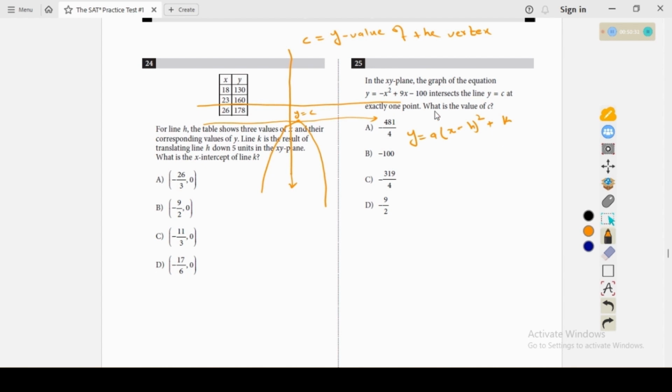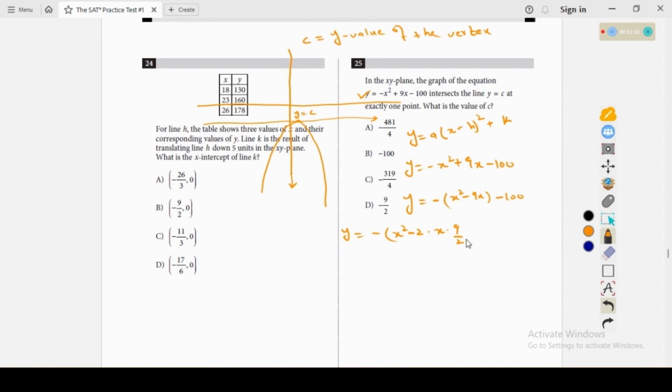This can be done using the vertex form of the parabola, so I have to convert this equation into that form. I am writing the equation y equals minus x square plus 9x minus 100. Taking the negative common, y equals negative times x square minus 9x plus 100, that is negative times x square minus 2 times x times 9 by 2.